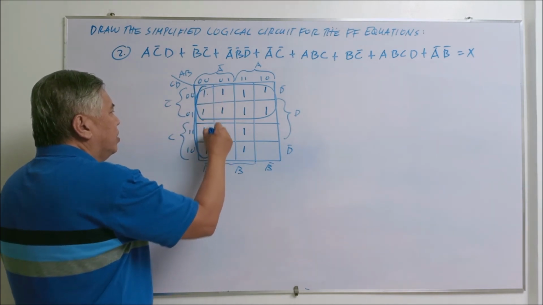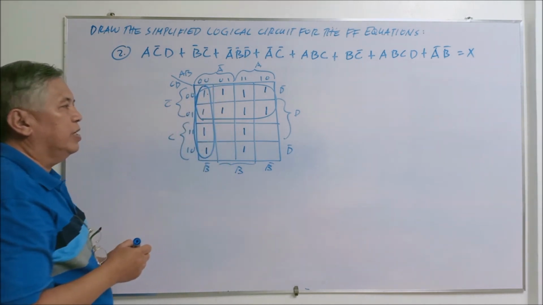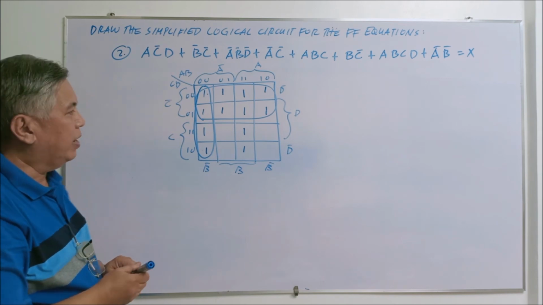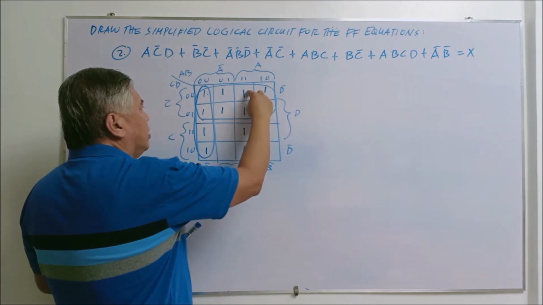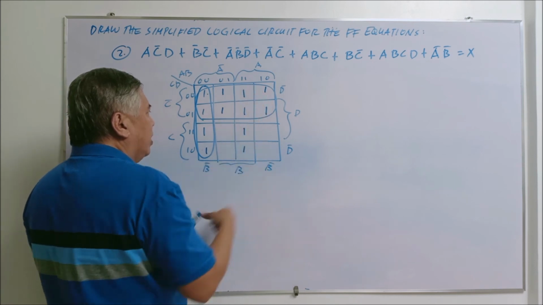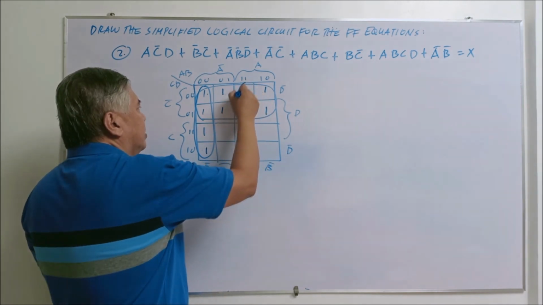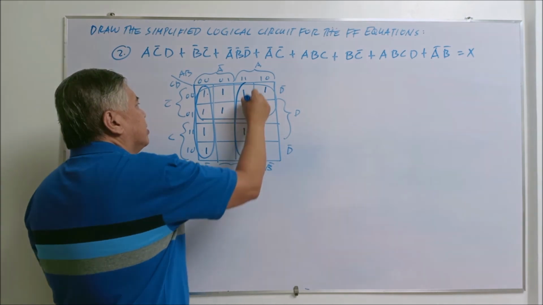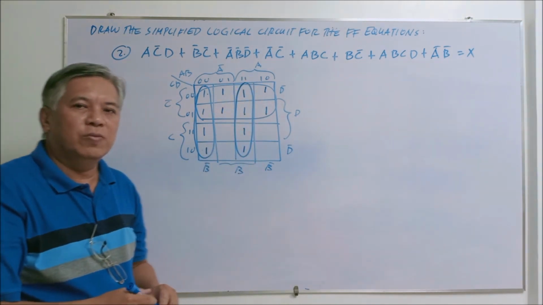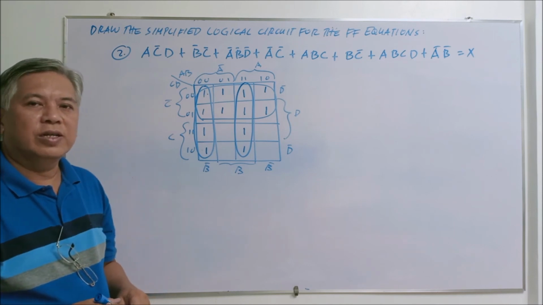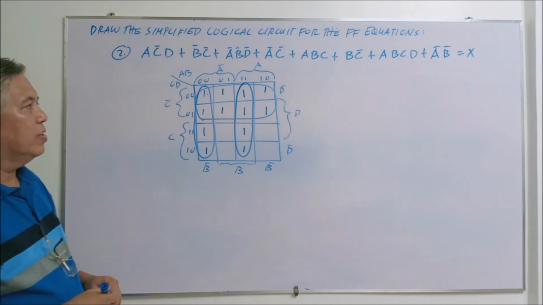That is 4 adjacent cells in line. Okay? And then, another 2 cells here, which are adjacent to these 2 cells here. So, again, we have another 4 adjacent cells. Okay? Now, since all of the cells are already grouped, we obtain its logical circuit equivalent.